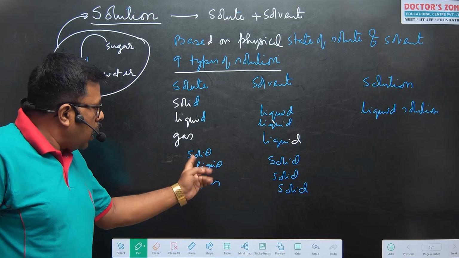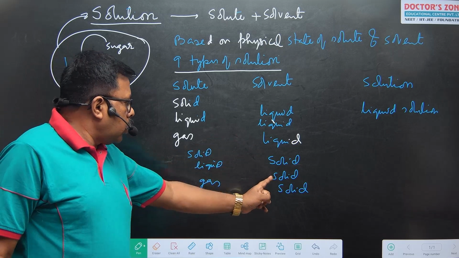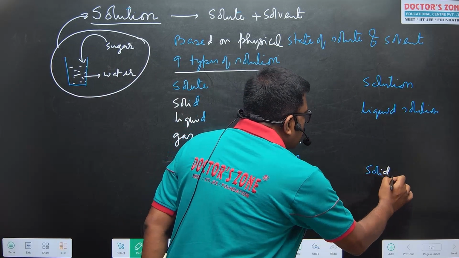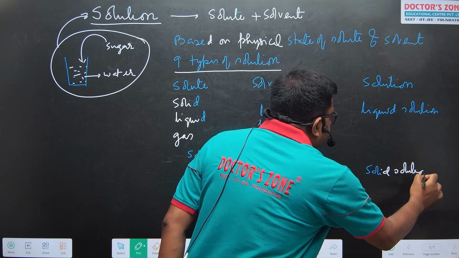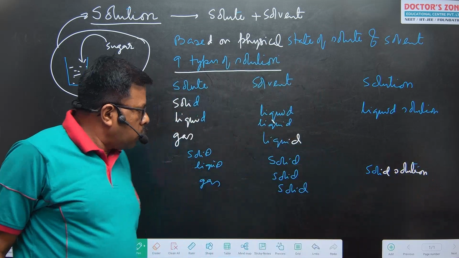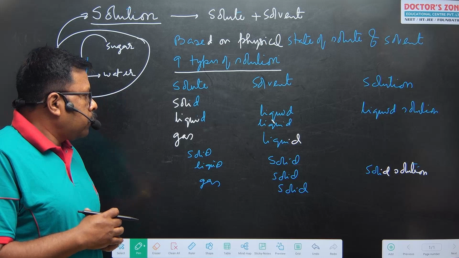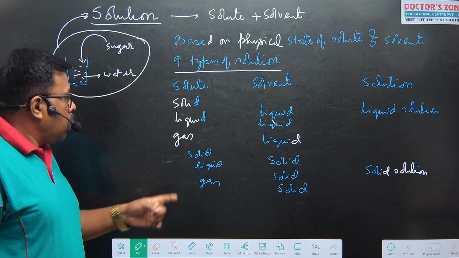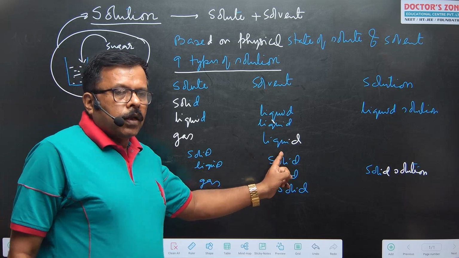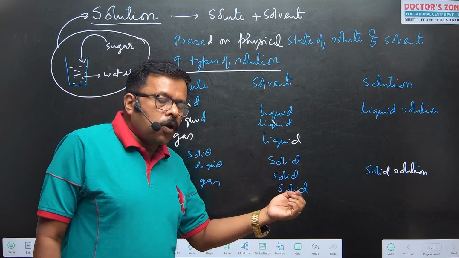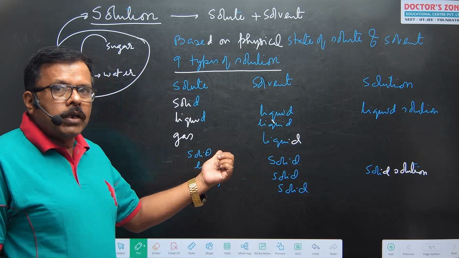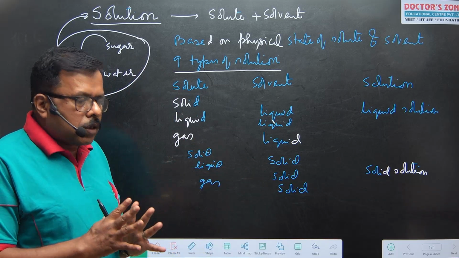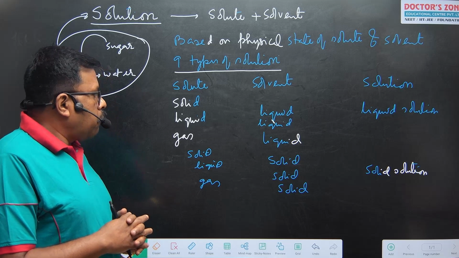So when we have solid in solid, liquid in solid, or gas in solid, then it is called a solid solution. You should know some examples of each type. What will be the example of solid in solid? Suppose alloys, where 2 or more metals are mixed. That is an example of solid solution.